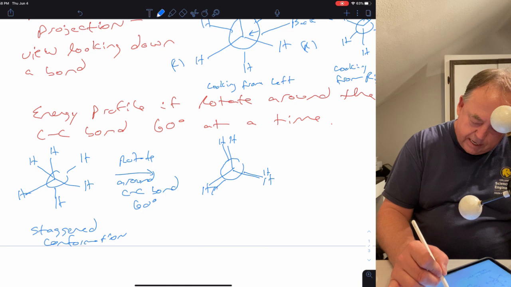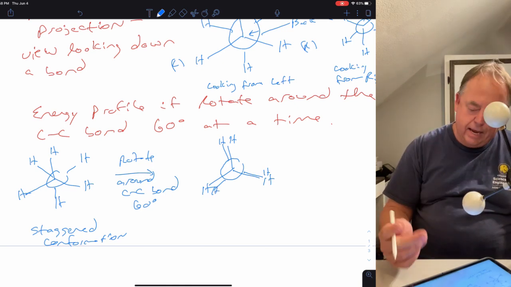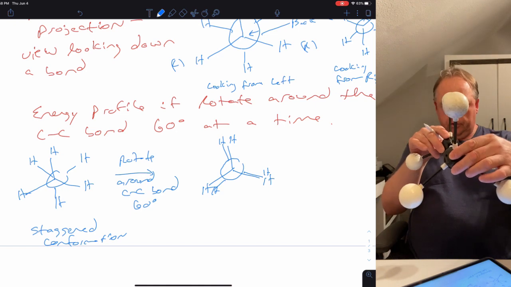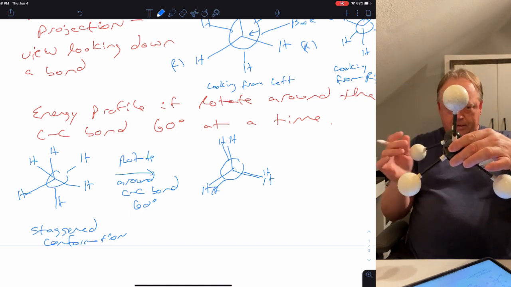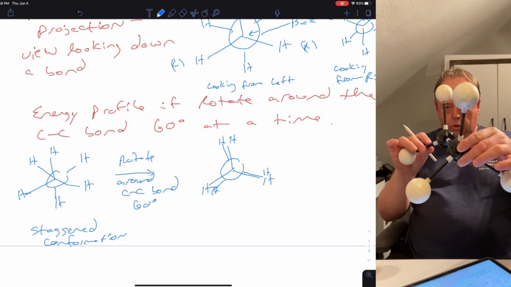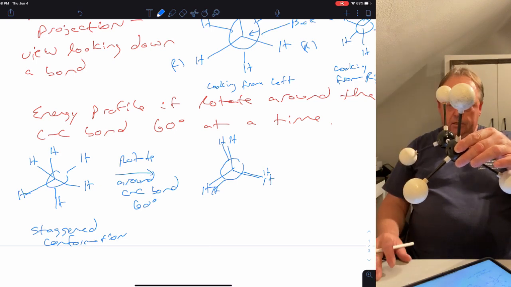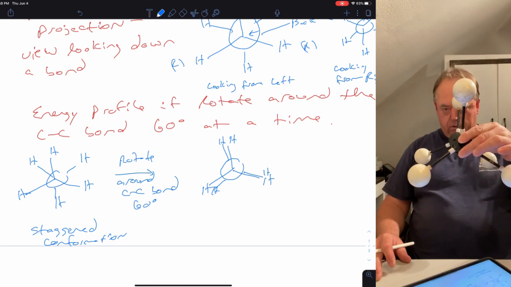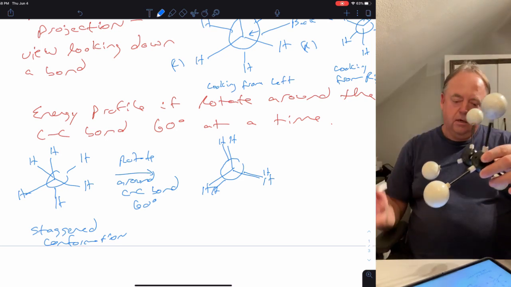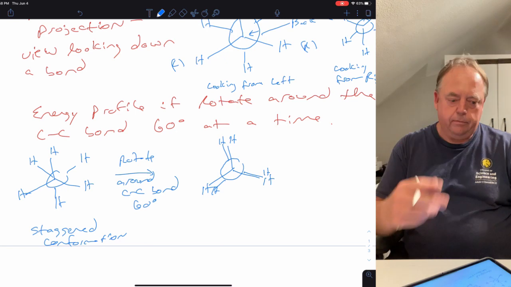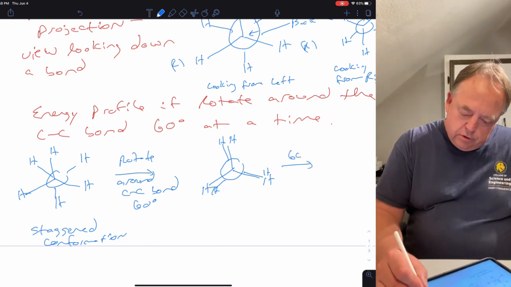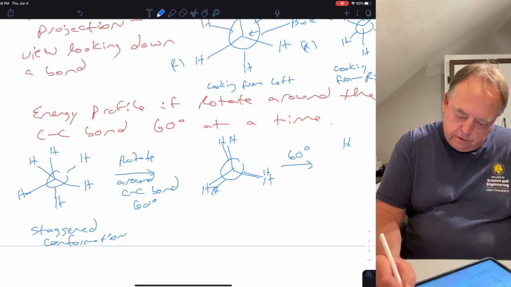We'll draw them slightly skewed so that you can see the back hydrogens, instead of looking at the molecule straight on, where it's hard to see the hydrogens behind because they're directly behind the other hydrogens.